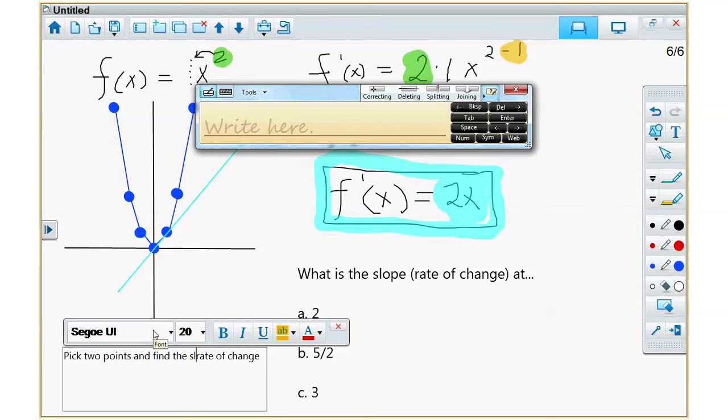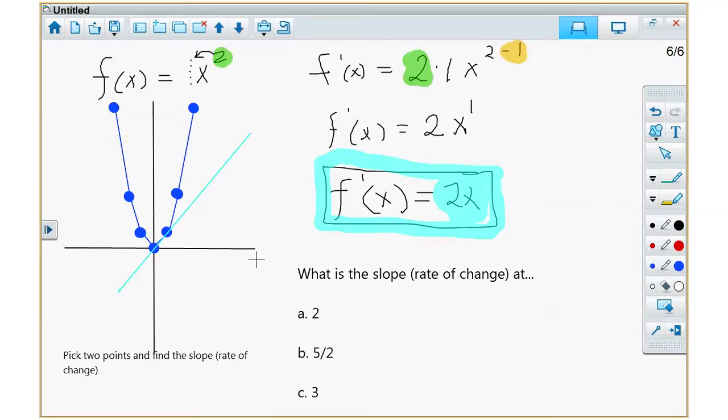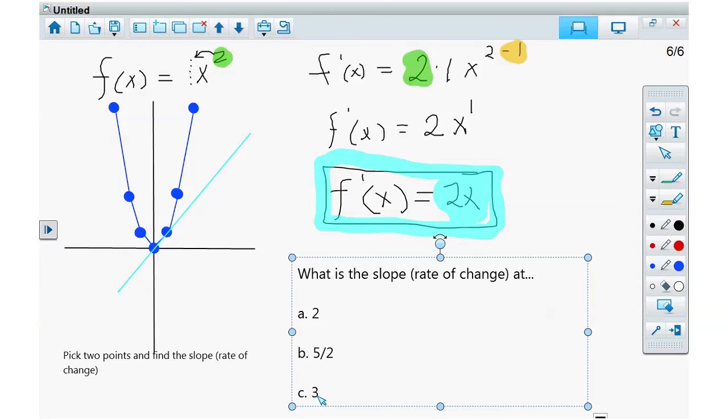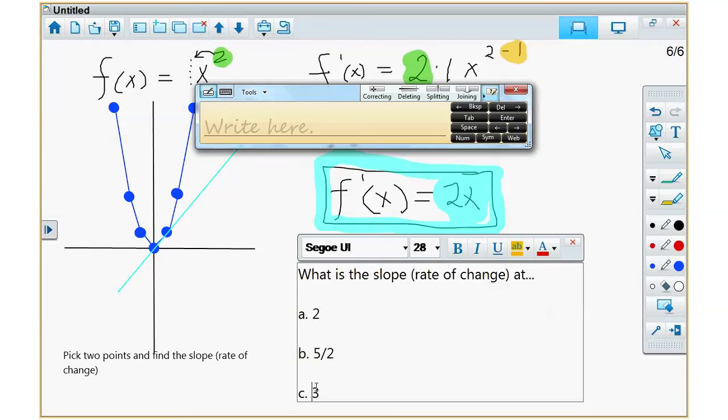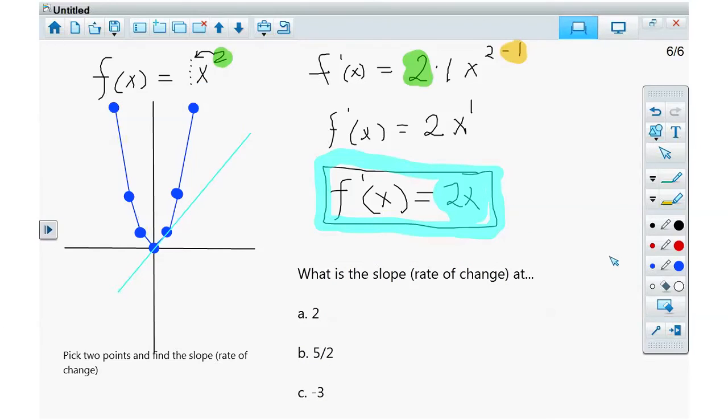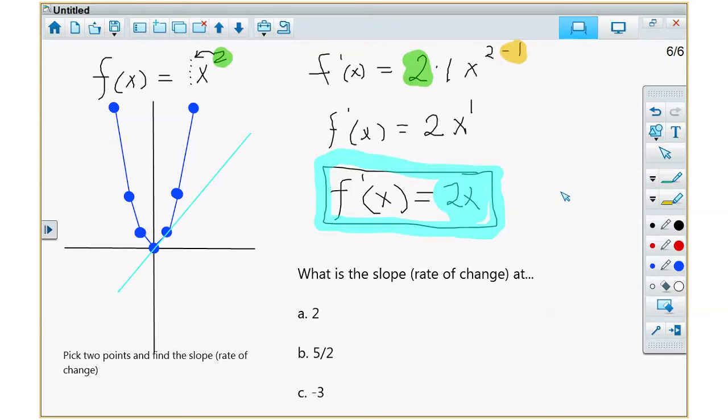In other words, do it your algebraic way that you learned back in pre-algebra. Any 2 points you want. Now, since these are all positive, I tell you what, let's throw a negative in there. Let's make C -3. So that way, anybody that picks a point on the left-hand side, you'll see how it works. So pick any 2 points and find the slope algebraically.